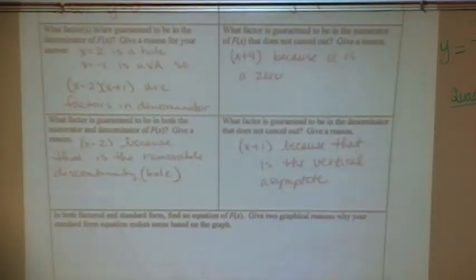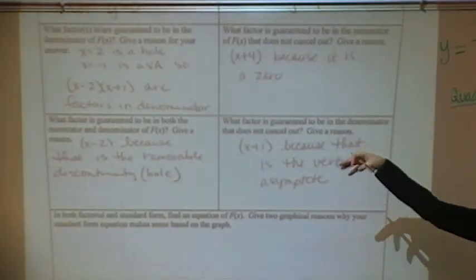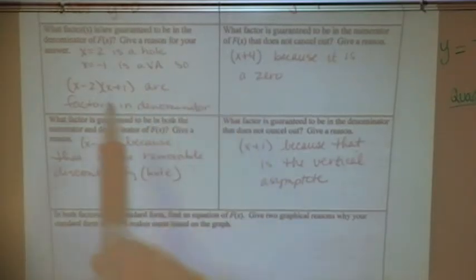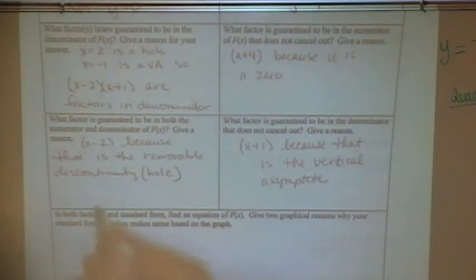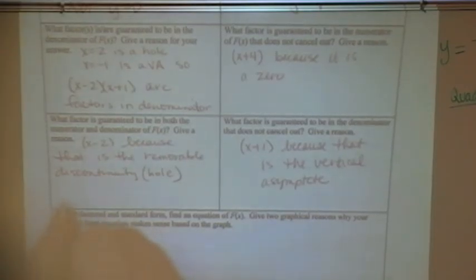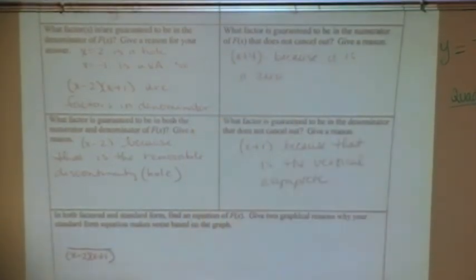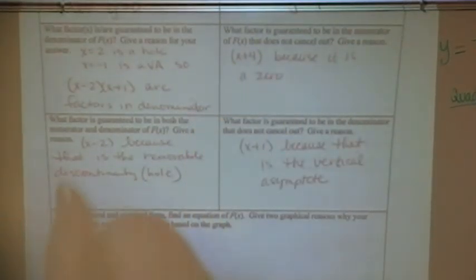Okay, so in both factored and standard form, basically, you have all the information you need right there to write the factored form equation. You just go step by step. We know these two things are in the denominator. So, x minus 2, x plus 1. We know this is going to be in the numerator because that's a 0.